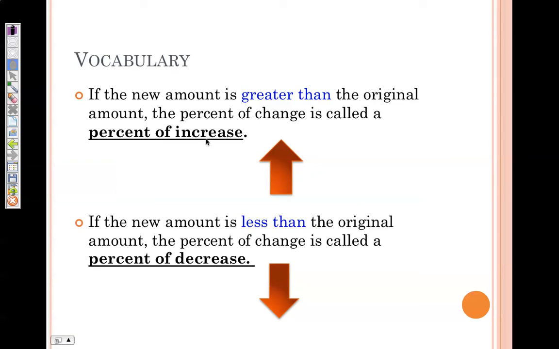If the number that you get is greater than the original number, you know it's going up, so it's an increase, a percent of increase. If the new amount that you get is lower than the original amount, you know that it's going down, so it's a percent of decrease. So this makes sense. Again, if the new amount is greater than the original, it's a percent of increase. If the new amount is less than the original, it's a percent of decrease.